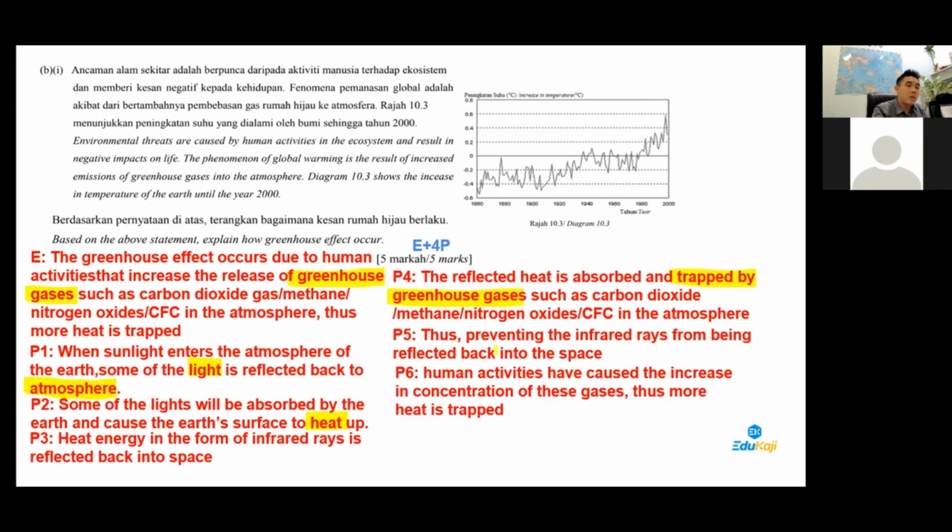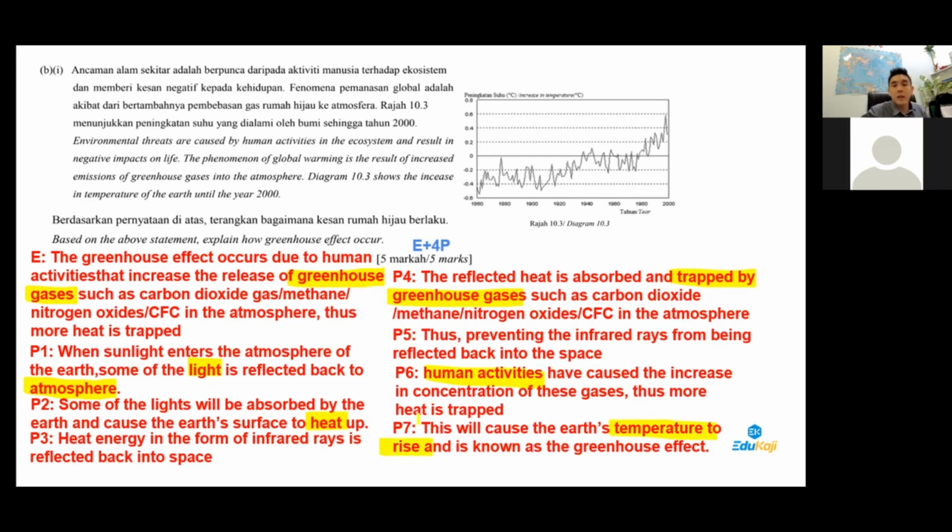Human activities also increase the concentration of these gases, and ultimately temperature rises, leading to greenhouse effect and also global warming. Okay, and also global warming. Still okay, guys. This is from Form 5, Chapter 10.